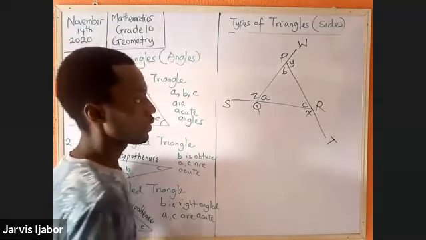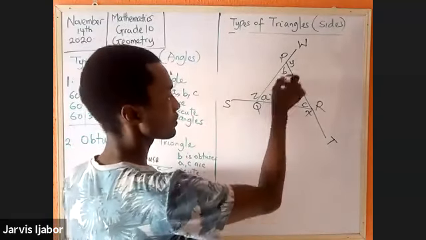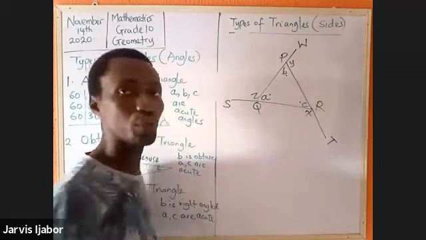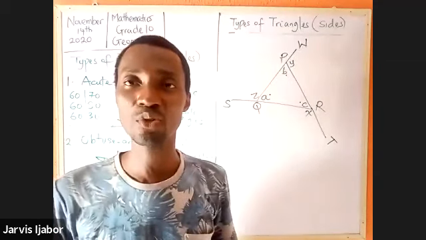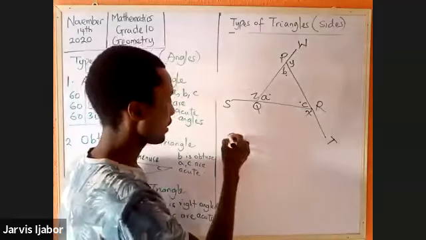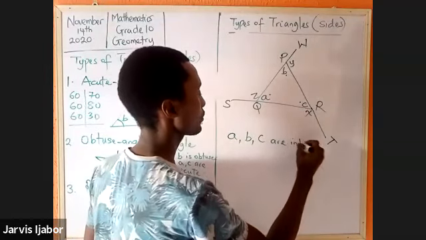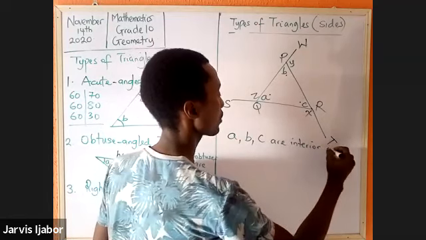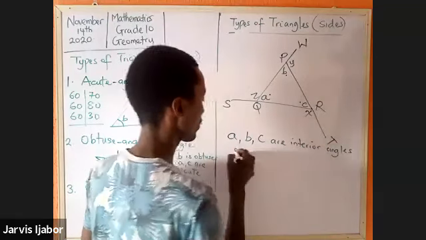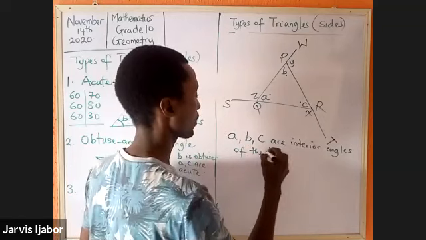Now, these angles are what we regard as the interior angles of the triangle. So A, B, C are the interior angles of the triangle.